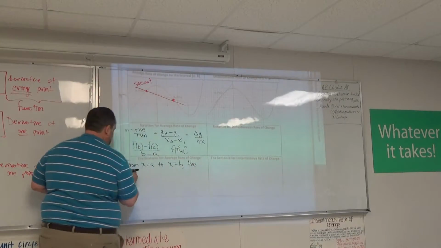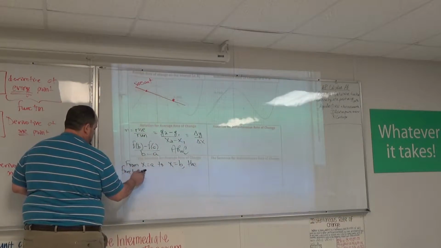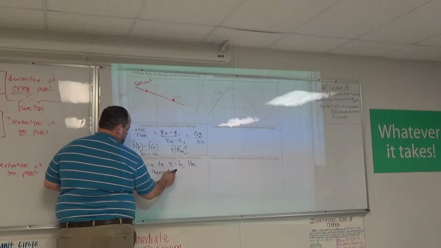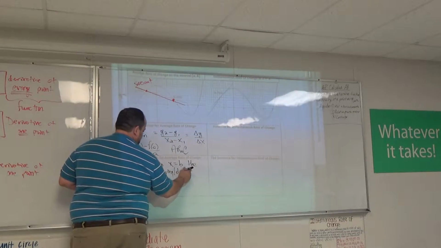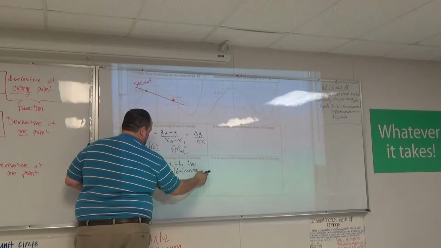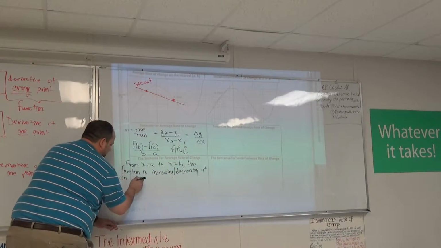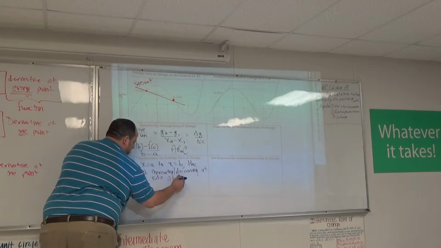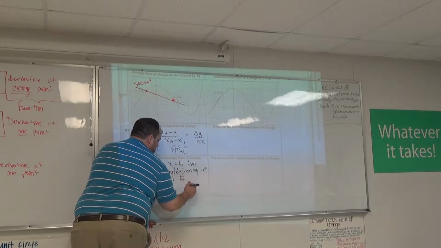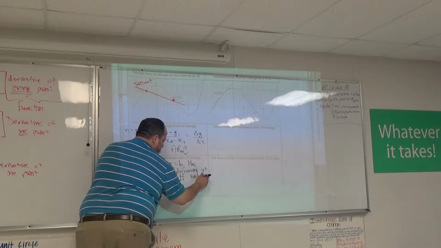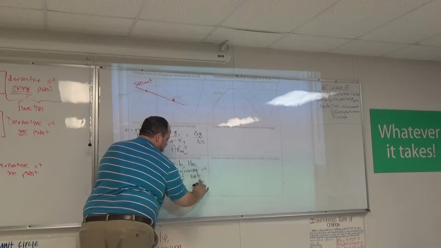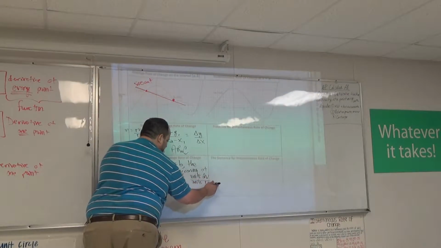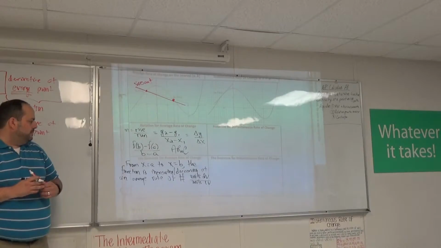I'd want to see something like the function is, and then you would either say increasing or decreasing at an average rate of some number, and then it's the units for the dependent variable over the units for the independent variable.